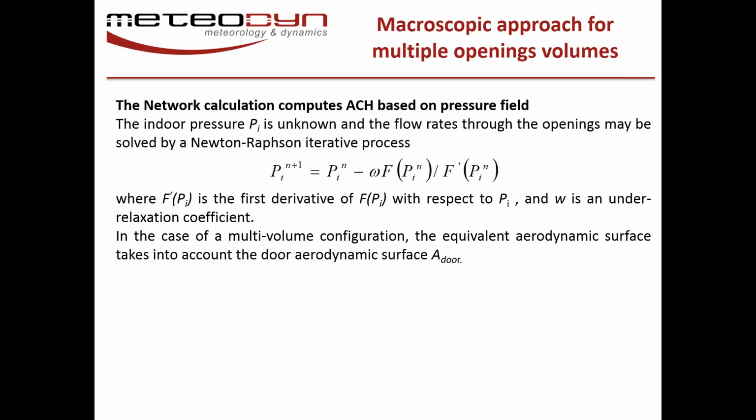You can use this formula, but first you need to solve the mass flow rates to equilibrate them. What goes in must go outside. Once you equilibrate the mass flow, you equilibrate the pressure, and you can use this iterative process and try to adapt it using the derivative of pressure.